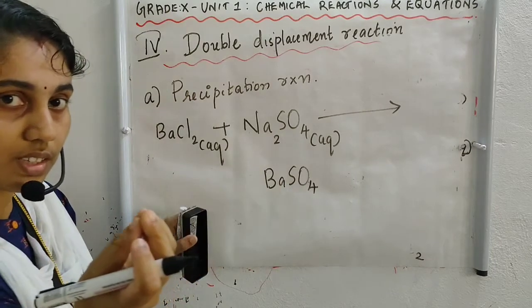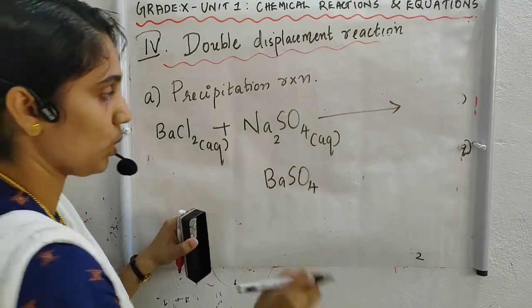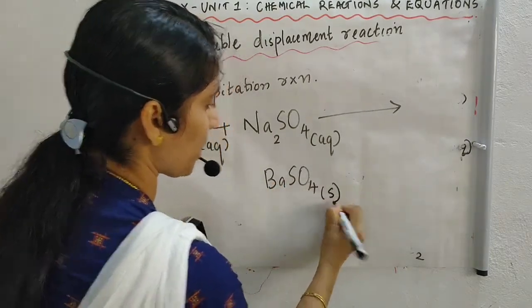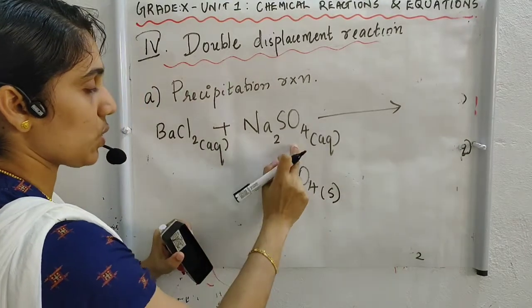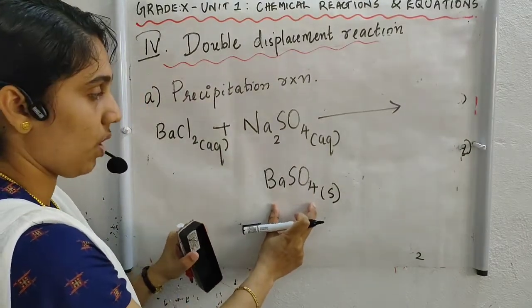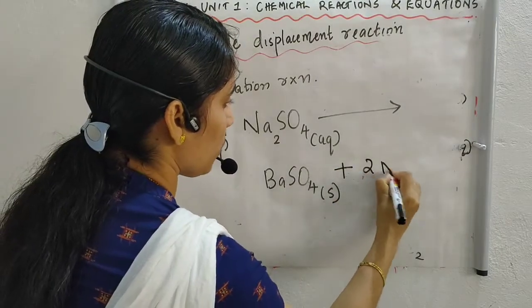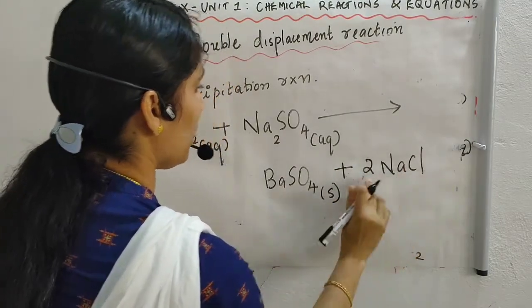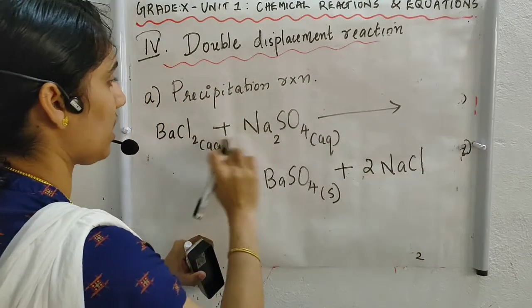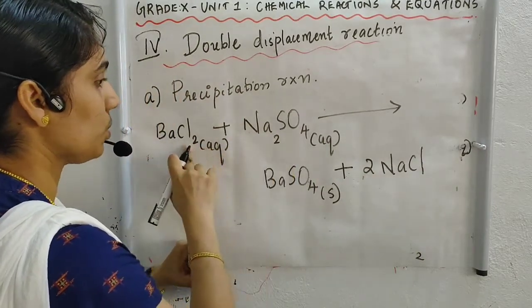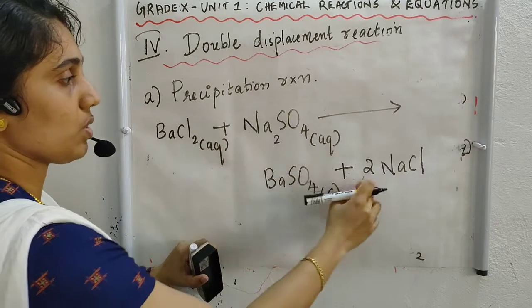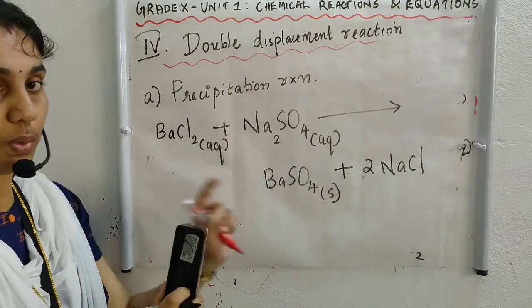A solid substance is formed on mixing two solutions, that we call a precipitate, plus 2 NaCl. Why 2 NaCl? On balancing this equation, there are 2 sodium and 2 chlorine, so 2 NaCl. So this is the balanced equation.